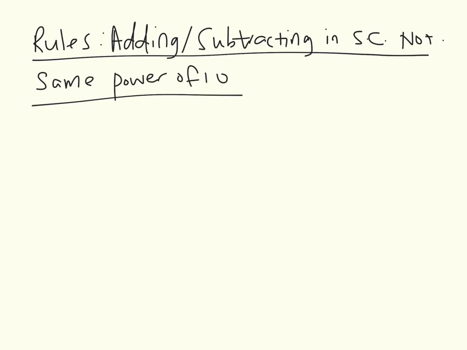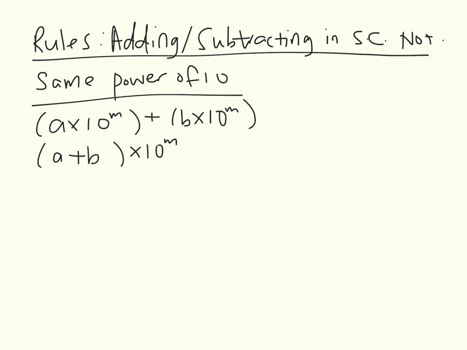So a times 10 to the power of m plus b times 10 to the power of m. We know that in this case, I can factor out 10 to the power of m and then just add a and b together. And for subtraction, it will be the same.